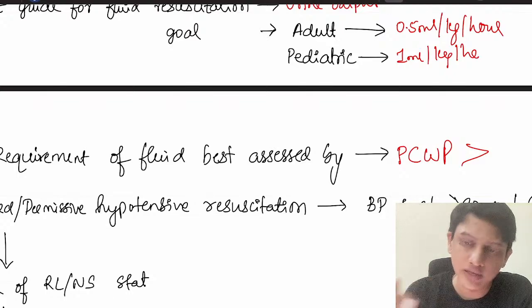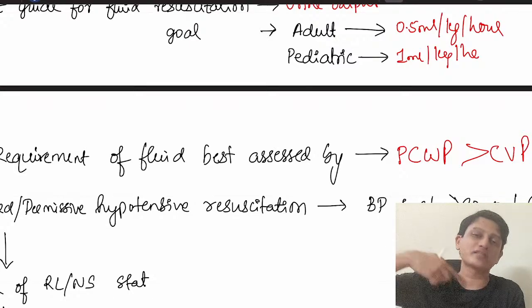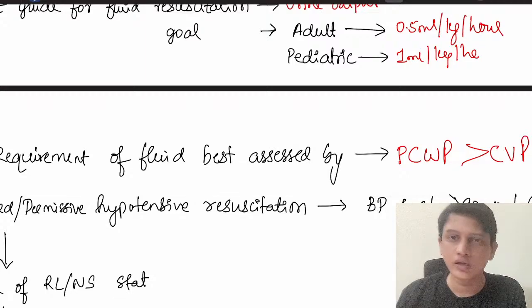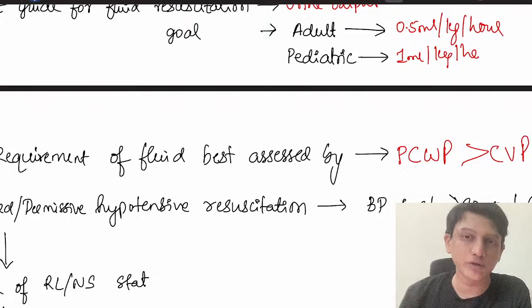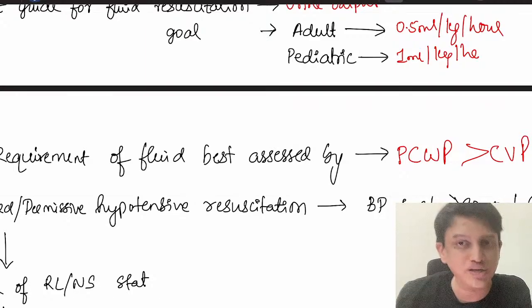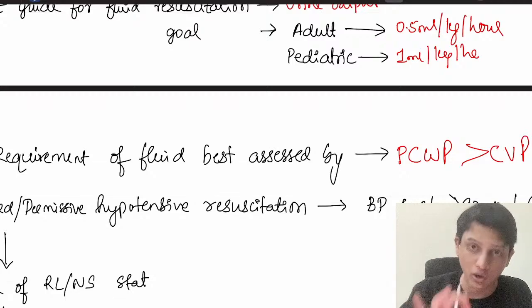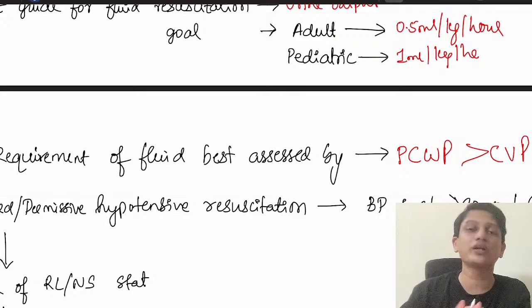What's commonly done is CVP, central venous pressure. There are some central veins like the jugular vein. There you put a catheter and measure the pressure. If it's normal, then no need of fluids. If it's low or high, then you need to modify the fluid resuscitation accordingly. CVP says whether the fluid is required or not, whereas whether you are giving fluids adequately or not is assessed by urine output.